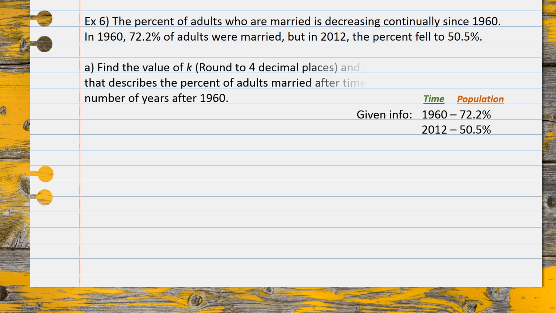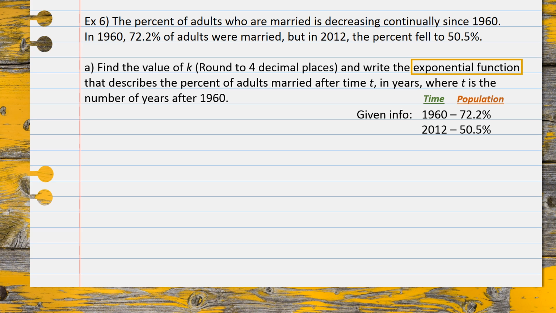Now part A asks, find the value of k rounded to 4 decimal places and write the exponential function that describes the percent of adults married after time t in years, where t is the number of years since 1960. Notice it's asking for the exponential function.